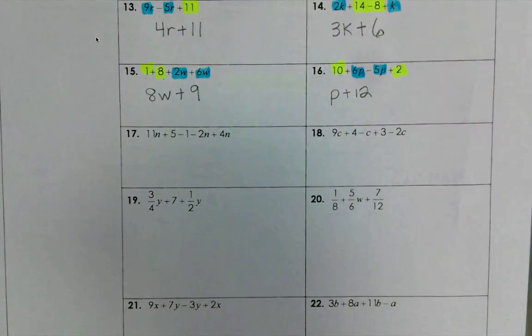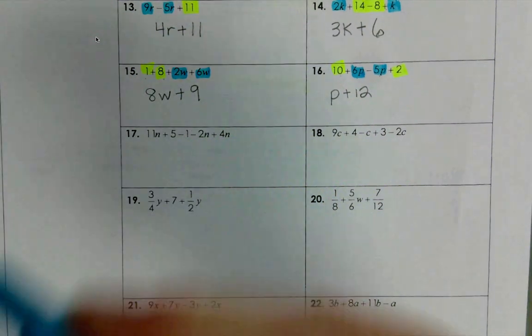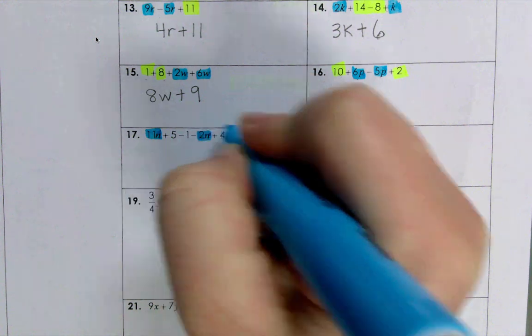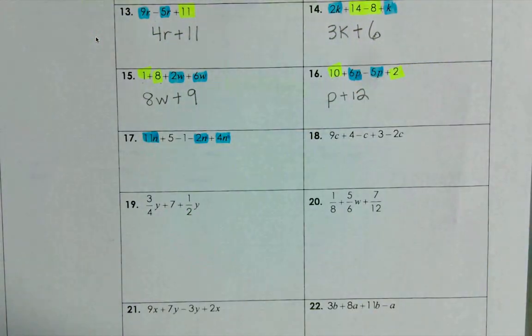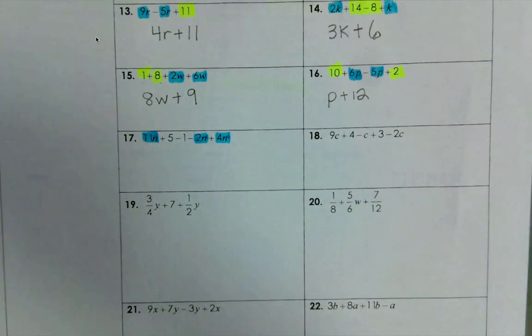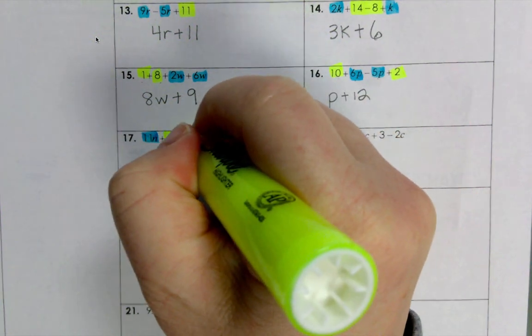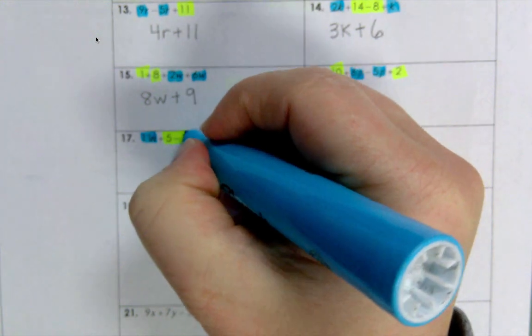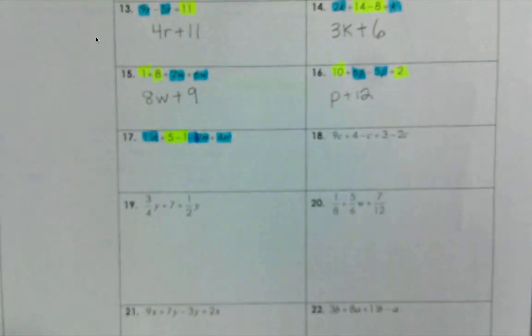Okay. Number 17. I have an 11n, and a 2n, and a 4n. I got a lot of that going on. And I have 5 minus 1. Now here's something I want you to pay attention to. There is a subtraction symbol in front of my 2n.